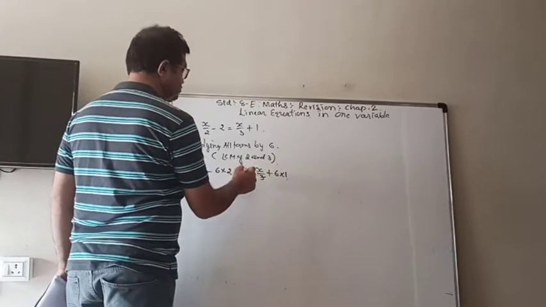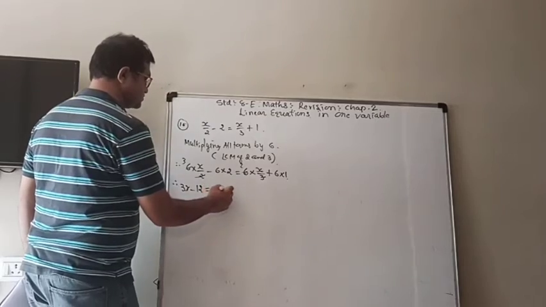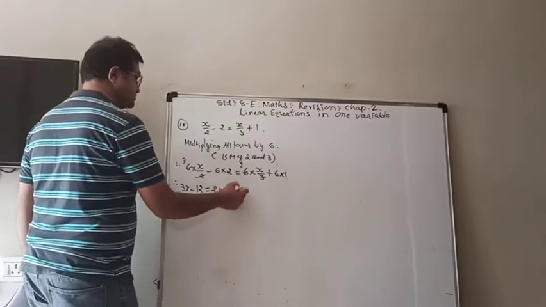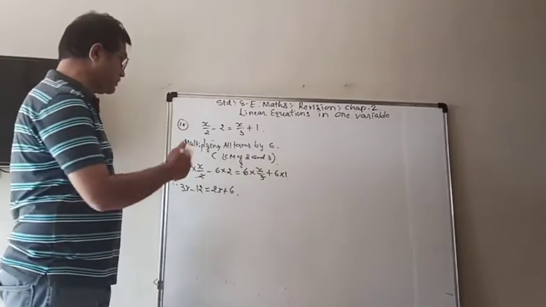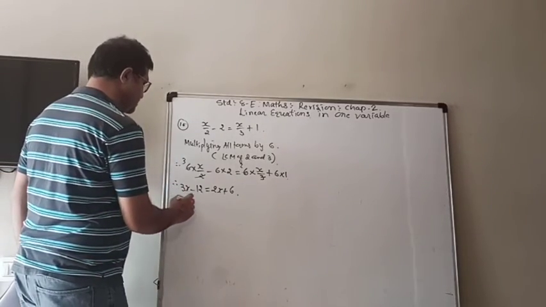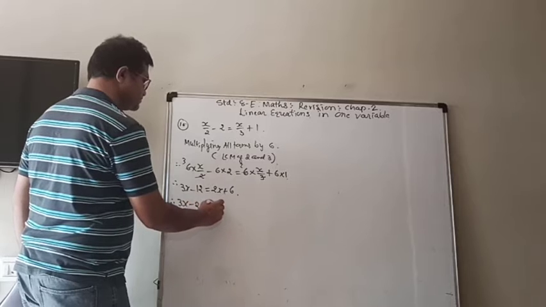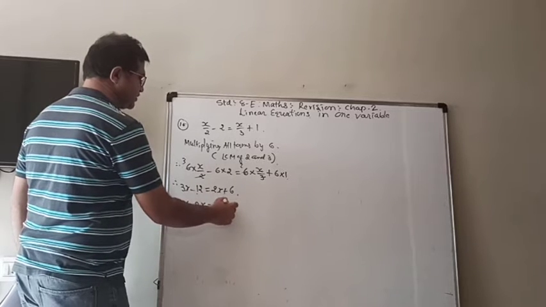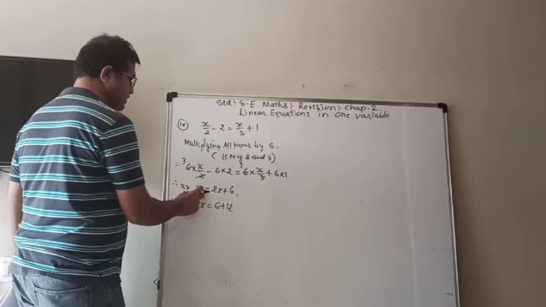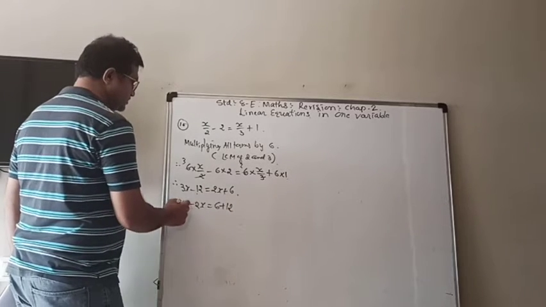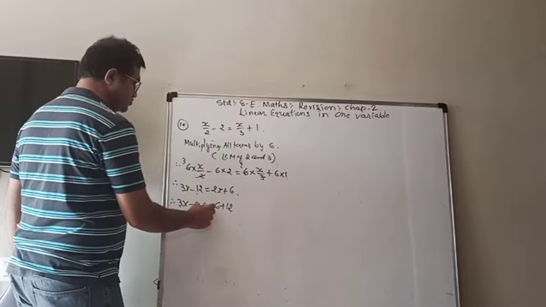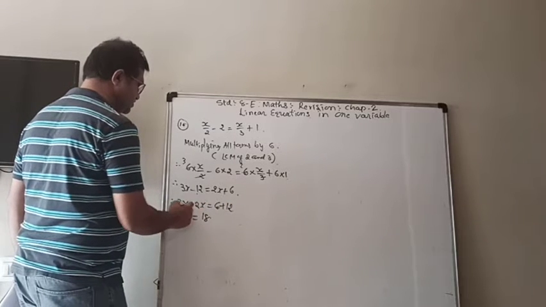Here 3 2s are 6, so 2x plus 6 1s are 6. So now the terms containing x on one side. So 3x minus 2x is equal to 6 plus 12. 2x becomes minus 2x, minus 12 becomes plus 12. 3x minus 2x is x, so x is equal to 18 here.